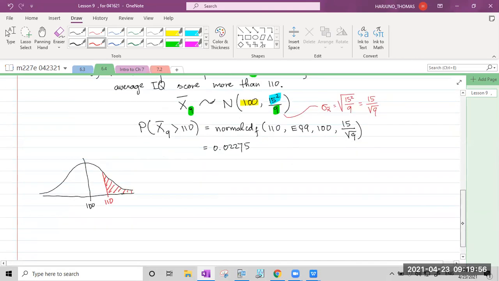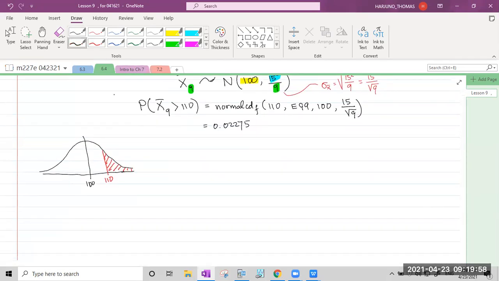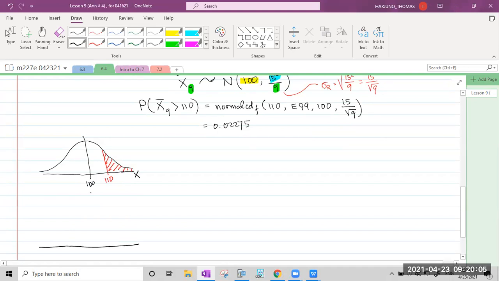Now, because we are dealing with sampling distribution X bar, the mean will stay the same, but the curve becomes very skinny.